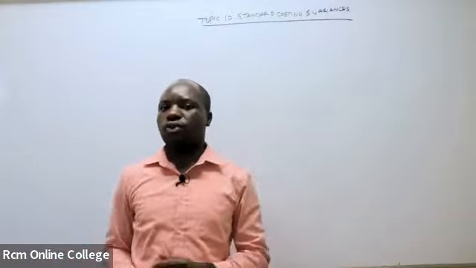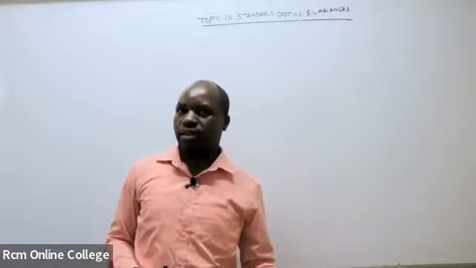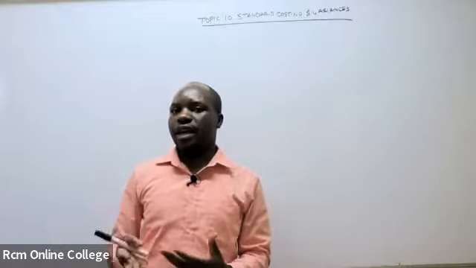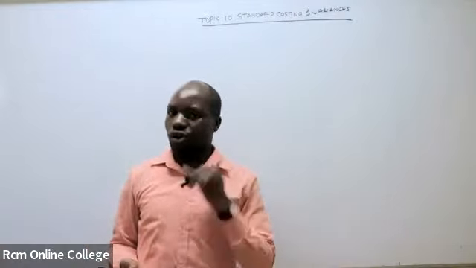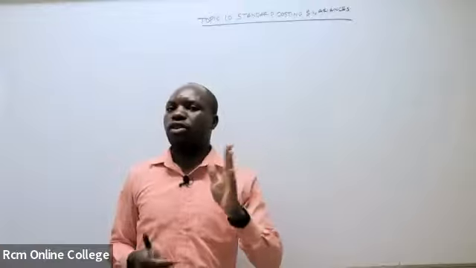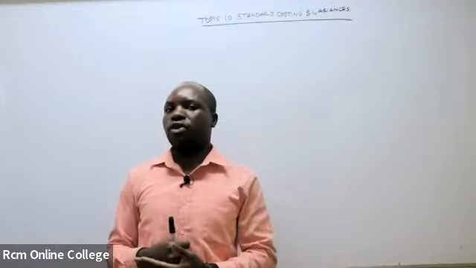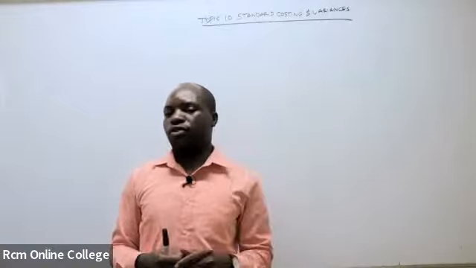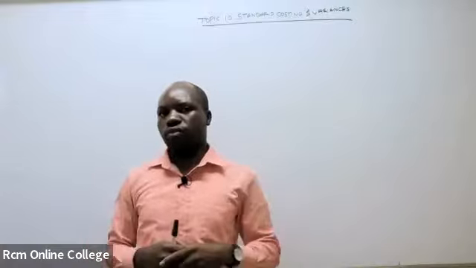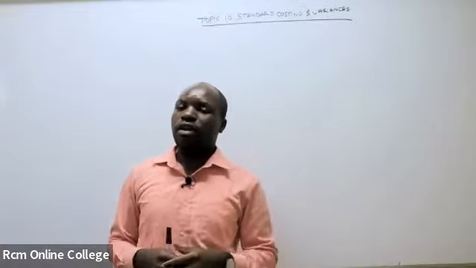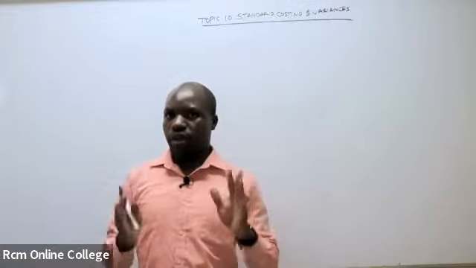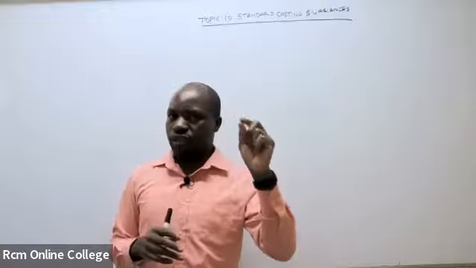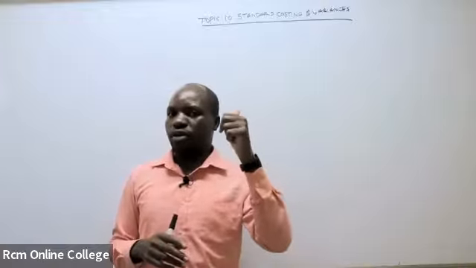Then the actual results were to be compared with the budget to check whether you've actually incurred the exact amount that was budgeted, you've incurred less, or you've incurred more than what you actually budgeted for. So for you to get the variance, for you to get the difference between actual results and budgeted results, it means the two must be there. That is budgeted results and actual results.